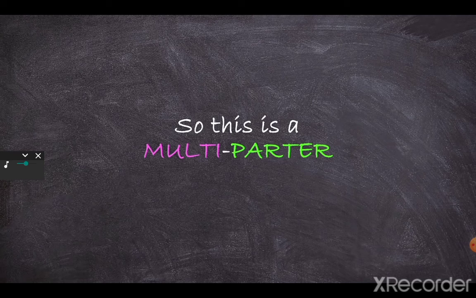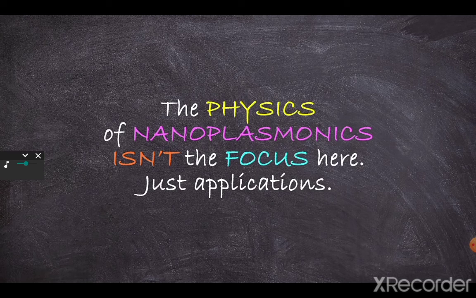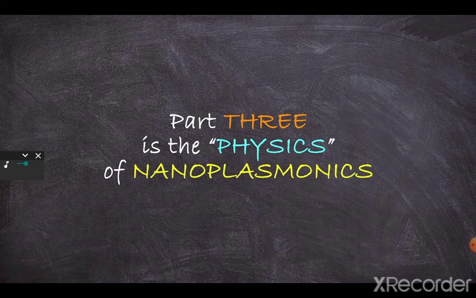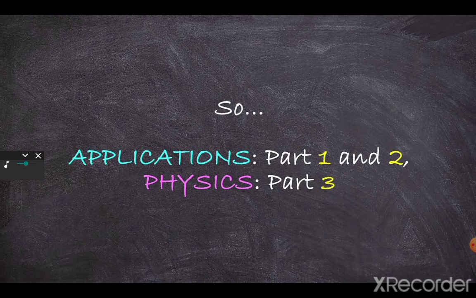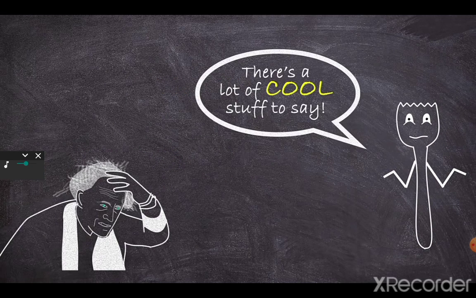However, when discussing the behavior of these things, I'm only going to lay down, like from on high, their key properties. I'm not going to explain why they behave this way here. Instead, the 3rd video in this series will do that. So applications of nanoplasmonics is this video and the next. The physical origins of this behavior is then the video after that. I know, 3 videos, but take this as a sign that there is a lot of cool stuff we need to talk about. So okay, let's get started.